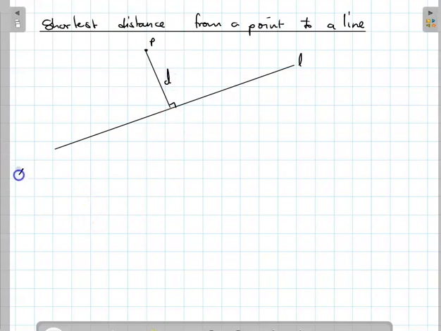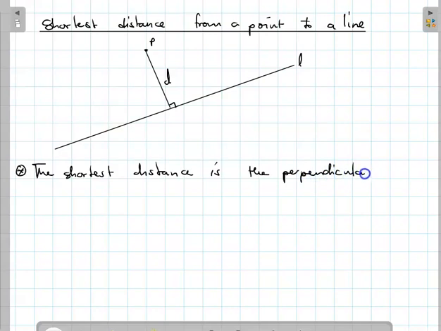So let's put it down here. The shortest distance is the perpendicular distance from the point to the line.